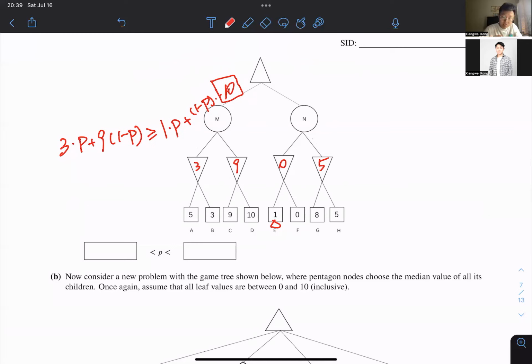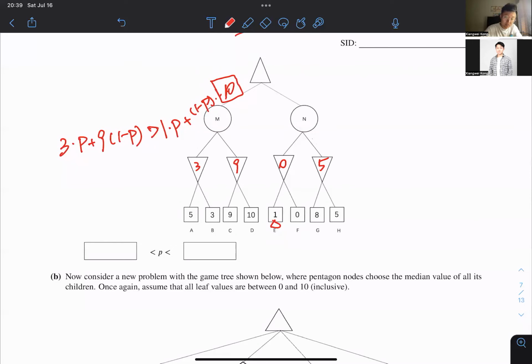If we solve this inequality, we get P is larger than... oh no, we don't prune on equality, so that's why this should be larger than.